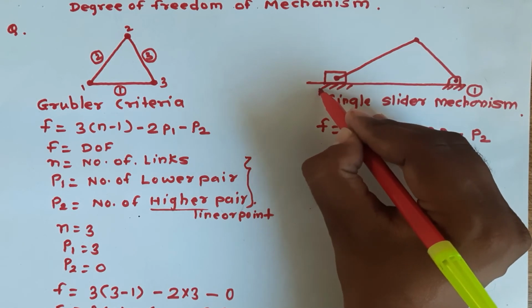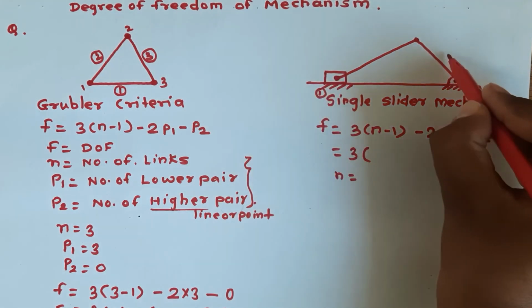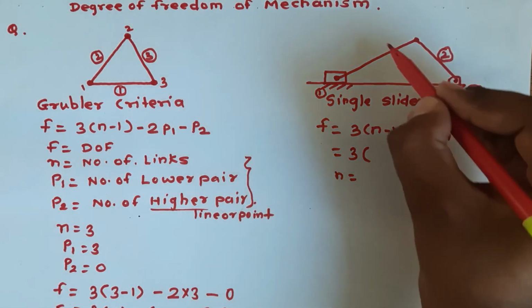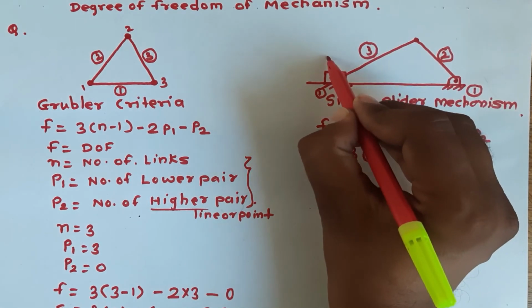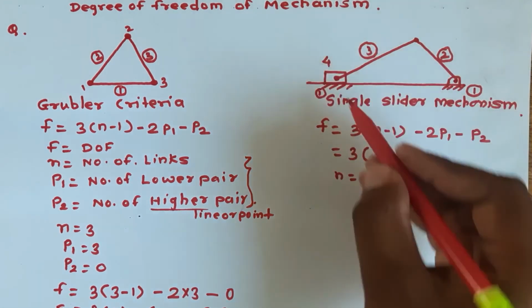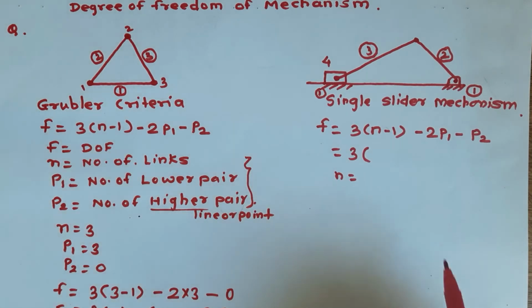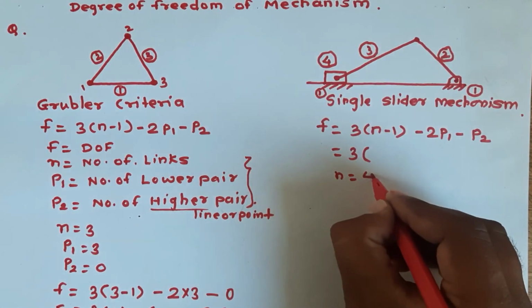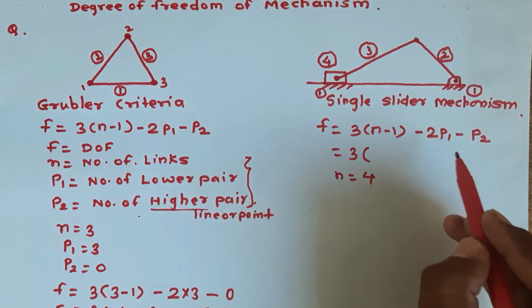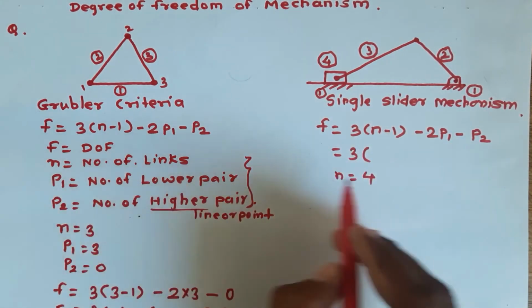This fixed link is number 1, the second link is the crank, the third link is the connecting rod, and the fourth is the piston. So there are 4 links.